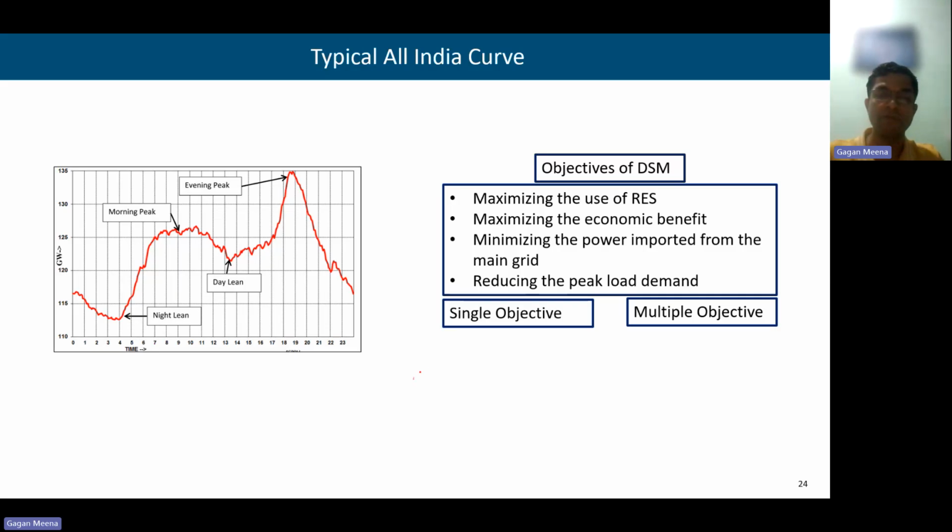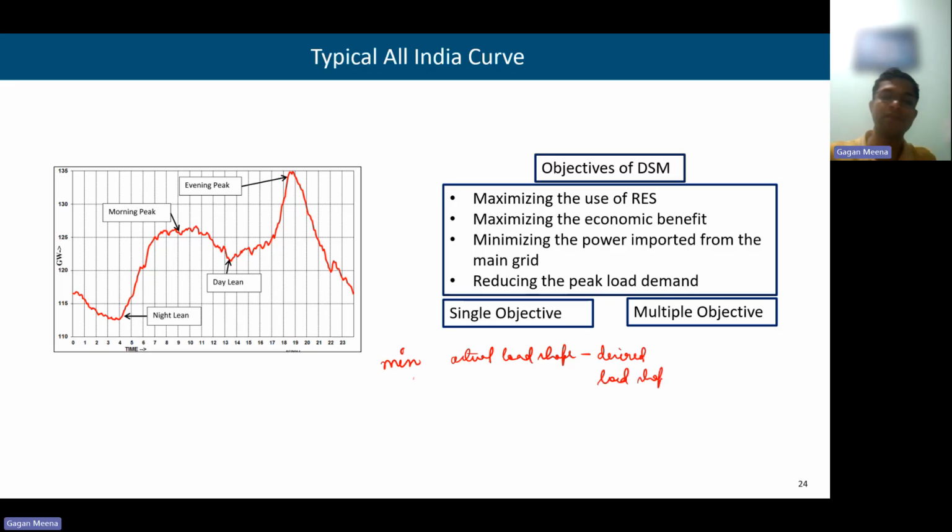Let's say we have one actual, or forecasted, load. We want to minimize the difference between the actual load shape and the desired load shape.